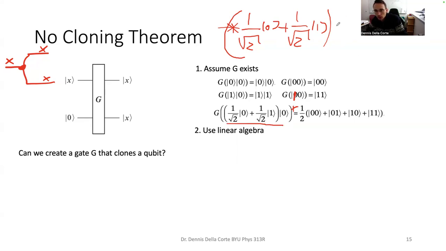So we'll have the tensor product with itself. And then if you multiply that out, you get the 1 over square root of 2 two times. It's 1 over 2. And then you get the 0, 0 state. And then you get the same product with the 0, 1, and then with the 1, 0 and the 1, 1.